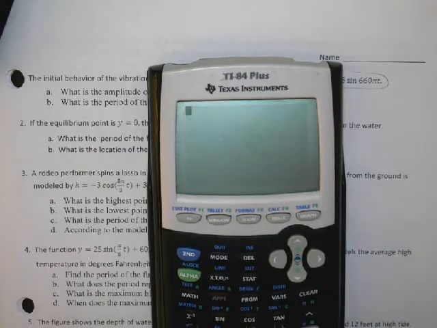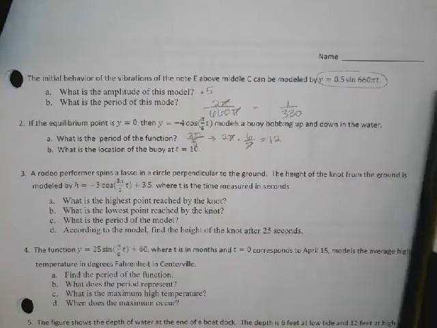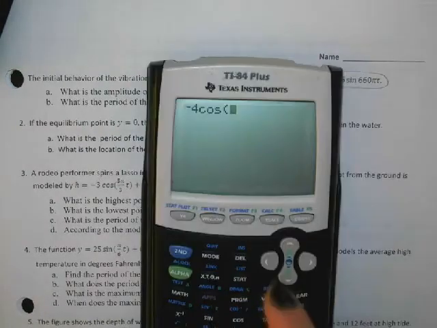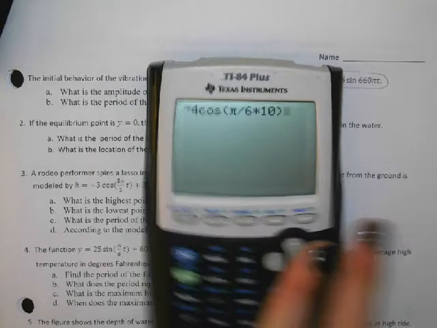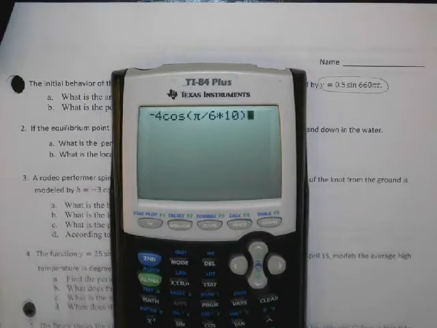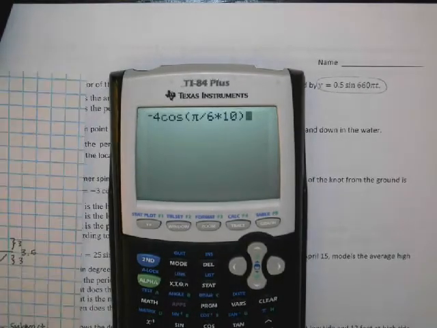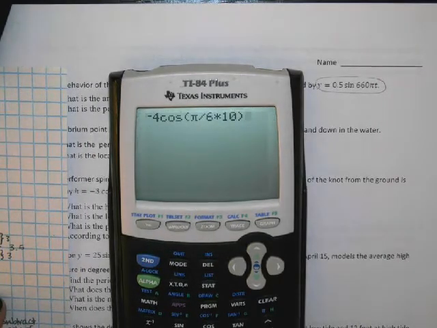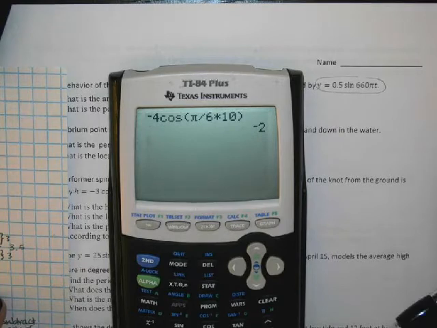So I have -4 cos pi over 6 times 10. I'm typing it in just like that. All right, we get -2.